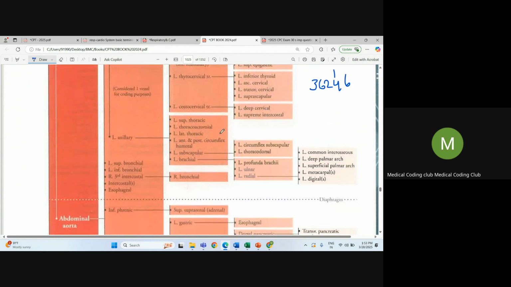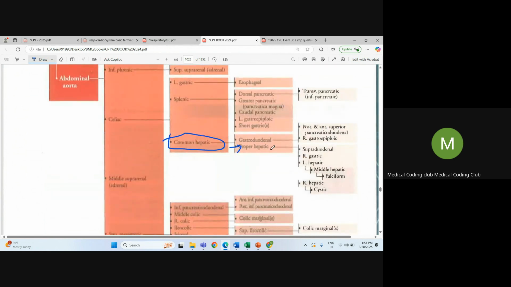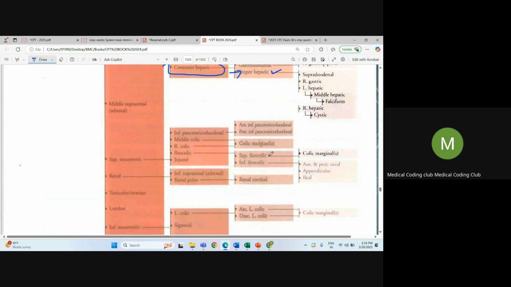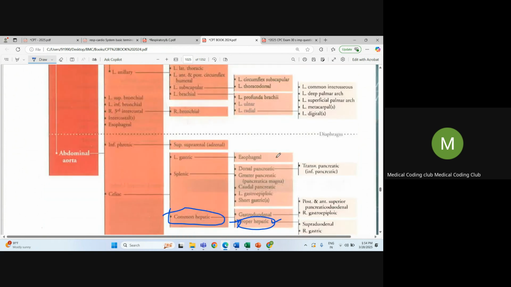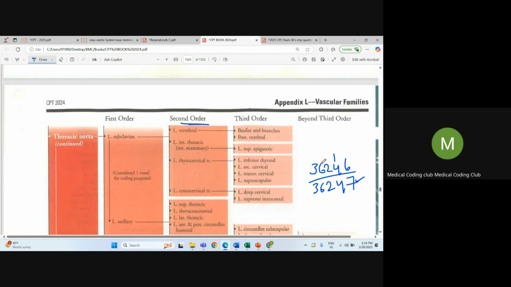In the same way, we have one more artery, that is proper hepatic. Common hepatic is in the second order, proper hepatic is in the third order. So for third order, we will select 36247, where 7 is the order entry site for third order and beyond. So these two codes are correct for selective catheterization. Let's see the options. Do we have any option with these two codes?